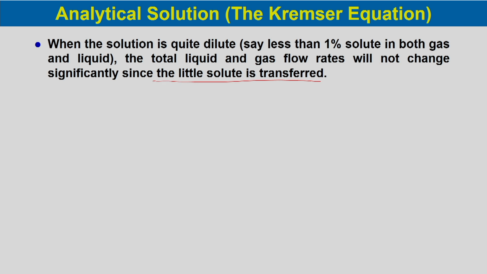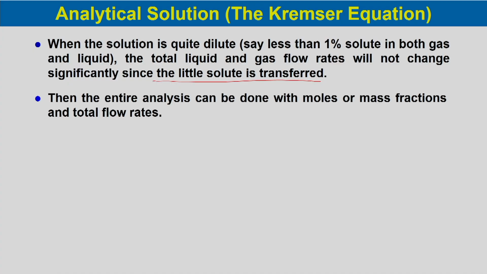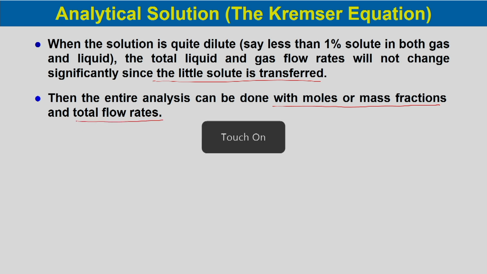So, with less than 1% solute contained in a mixture, the change of molar flow rate will not be appreciable, and we can use the Kremser equation. The entire analysis can be done with moles or mass fractions and total flow rates.